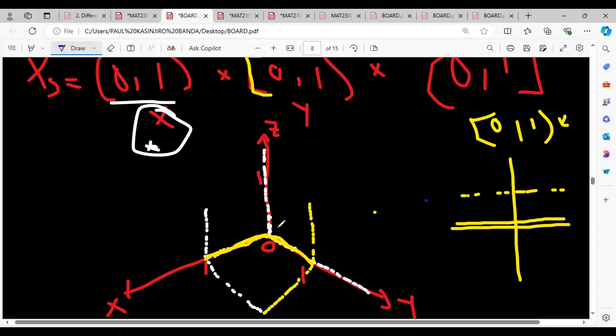I think here I made a mistake. This line here should have been in here, if you agree with me, because here we are drawing for the Y. This should have been up there, the yellow one. Now I've ruined it.